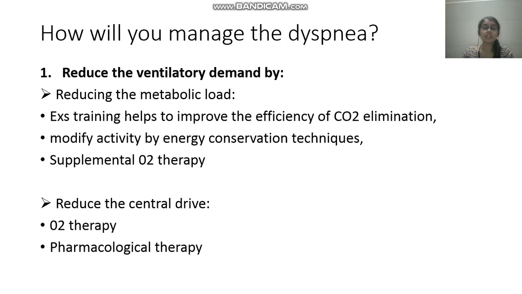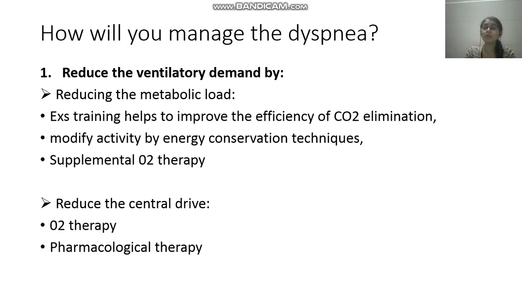So reduce the ventilatory demand. You can reduce the ventilatory demand by reducing the metabolic load and reducing the central drive. Once you give the patient exercise training, endurance training or strength training, they tend to utilize more oxygen peripherally and increase the carbon dioxide levels, which will facilitate the peripheral receptors to understand that we need to eliminate the carbon dioxide.